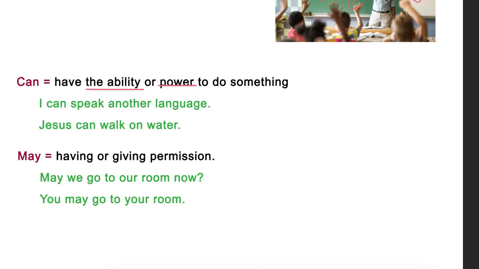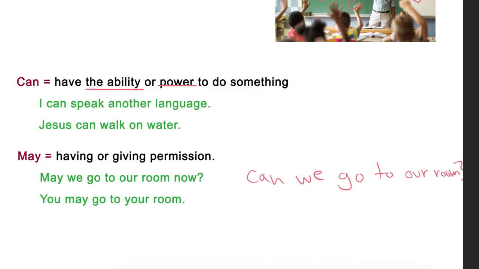So this is important because a lot of us, even adults, say, "Can we do this or this?" Like a child might say, "Can we go to our room?"